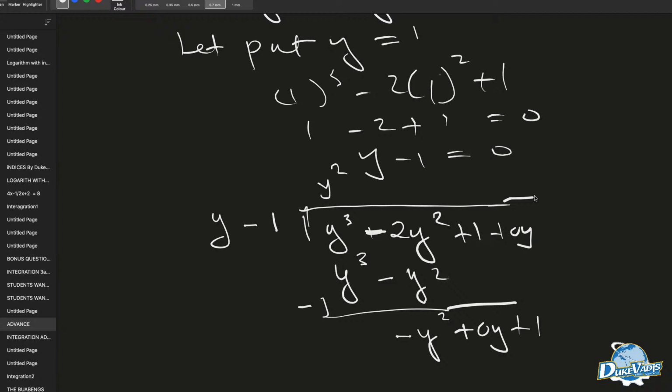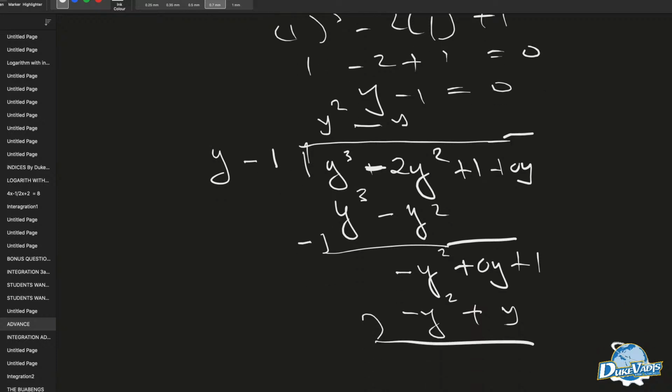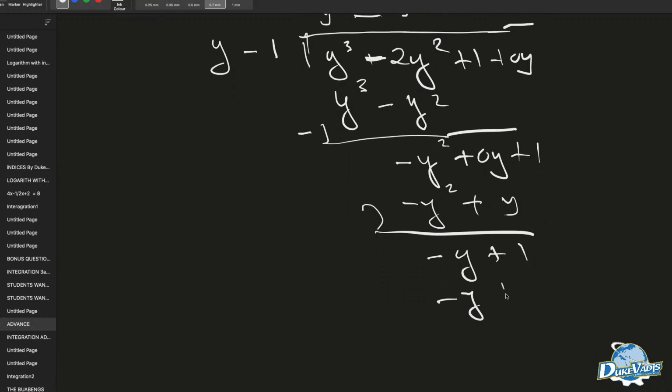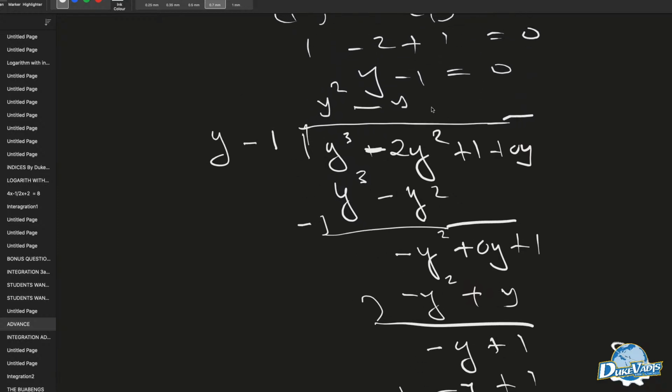Now this multiplied by that gives us minus y squared plus y, then this will give us minus y. When we subtract this one from that, we get minus y plus 1. And when we multiply that one by that, this becomes minus y plus 1. We subtract, we get 0. So this one becomes minus 1.